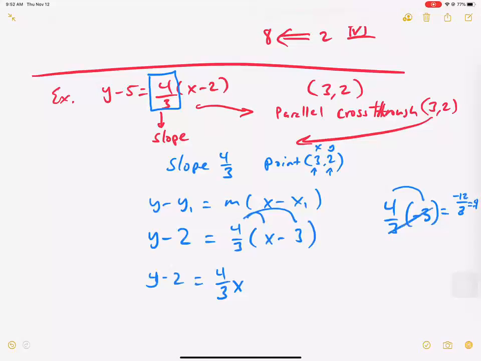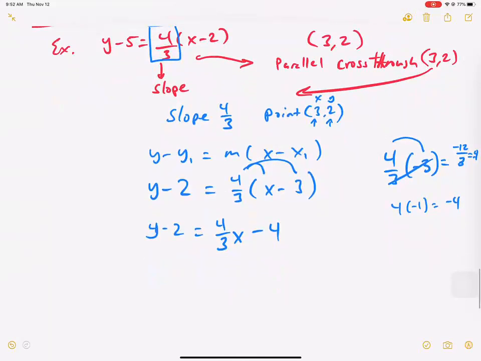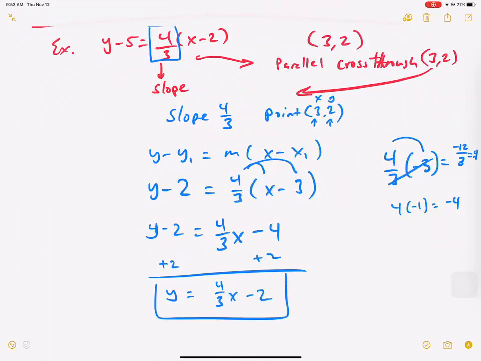Or you can just divide out the 3's, so it's 4 times negative 1, which is negative 4. Practice both those methods. Almost done. I'm going to solve for y, so I'm going to add 2 to both sides. That is my new equation.